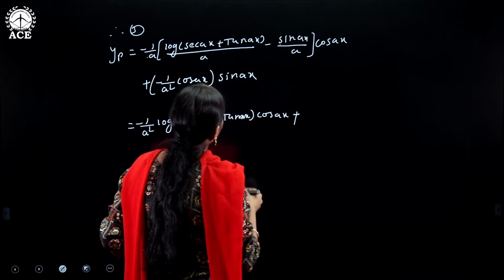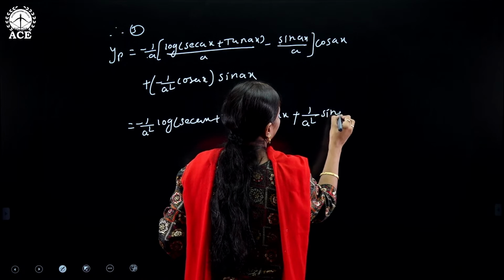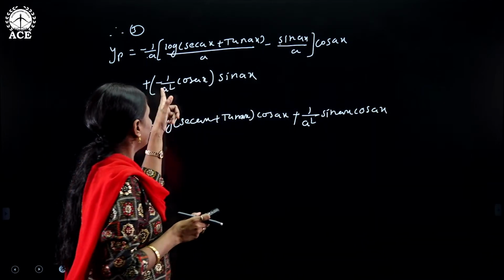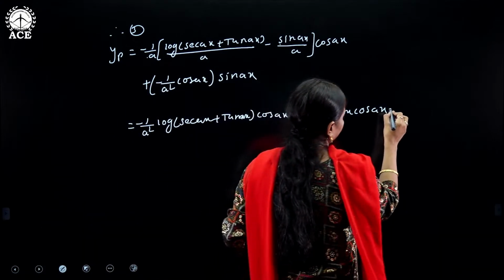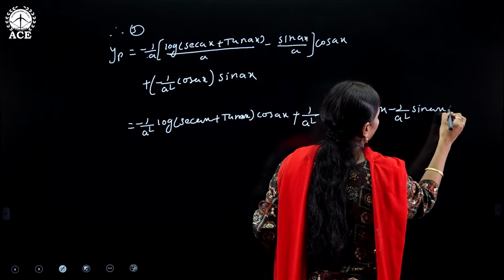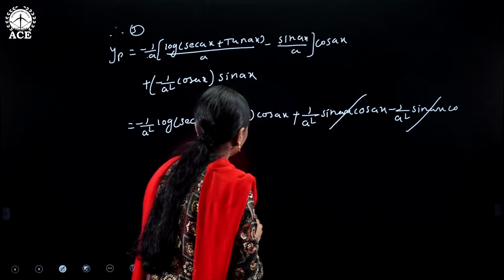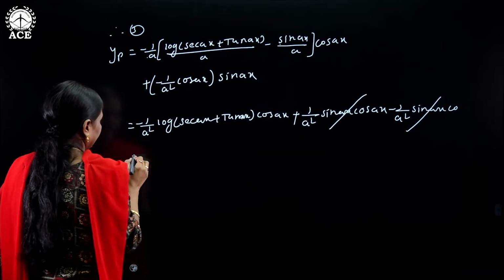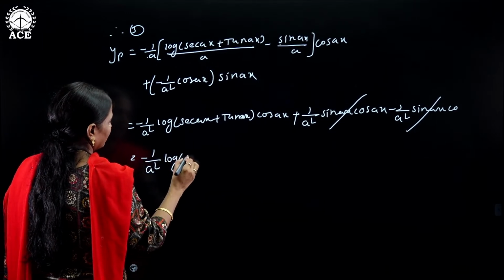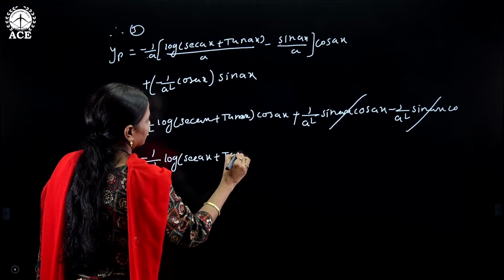Next, minus into minus plus 1 by a square into sin ax into cos ax. Again, we have minus 1 by a square into sin ax into cos ax. Now, minus term and plus term get cancelled. So, what is the total particular integral? It is minus 1 by a square into log of secant ax plus tan ax.